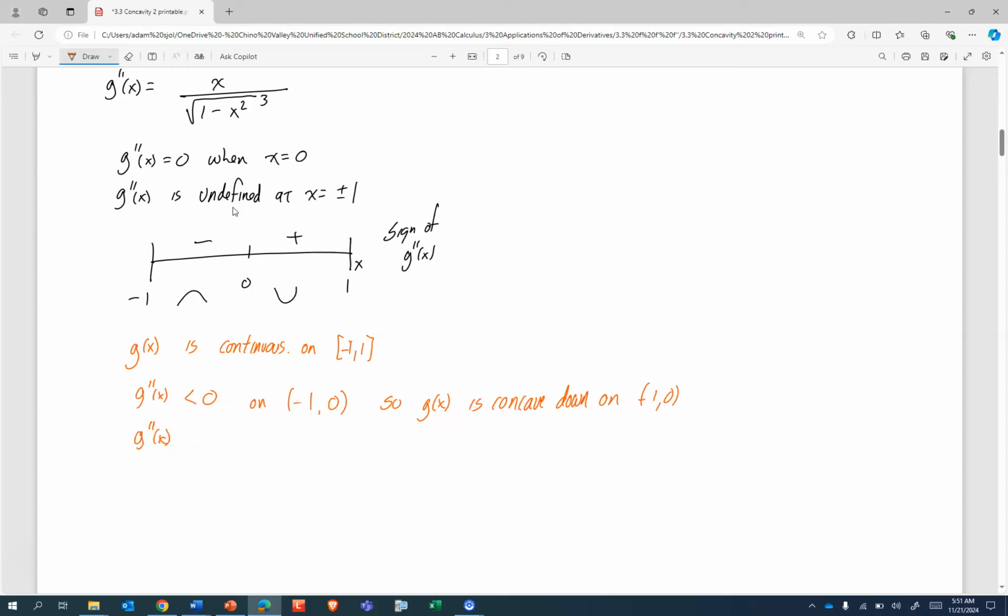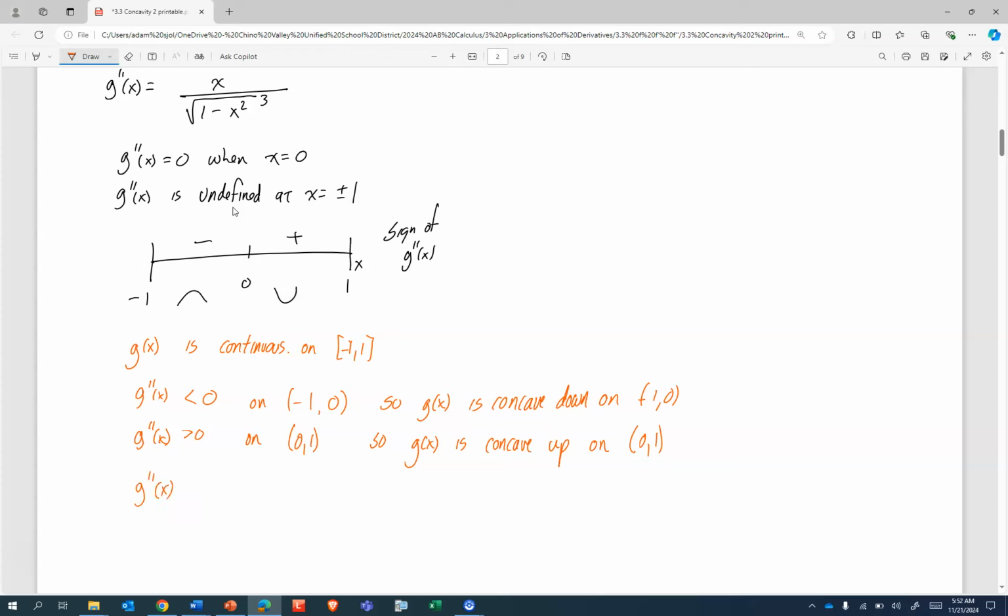G double prime of x is greater than 0 on 0 to 1. So g of x is concave up on 0 to 1.